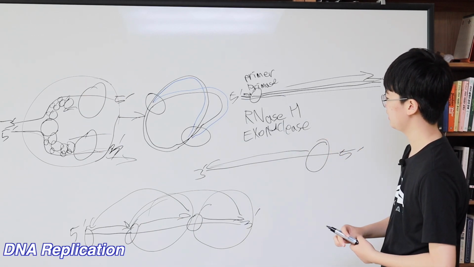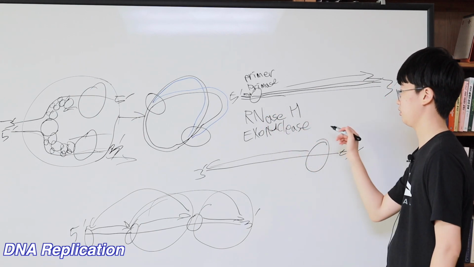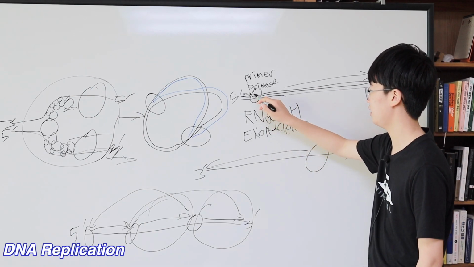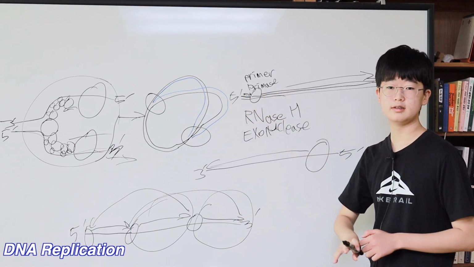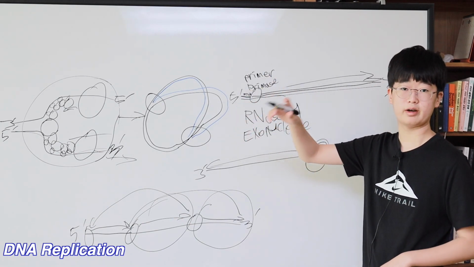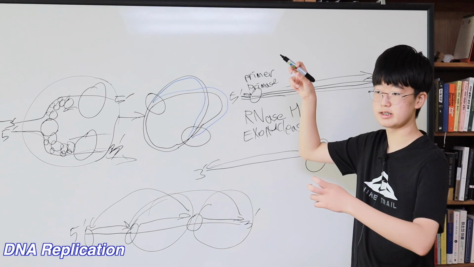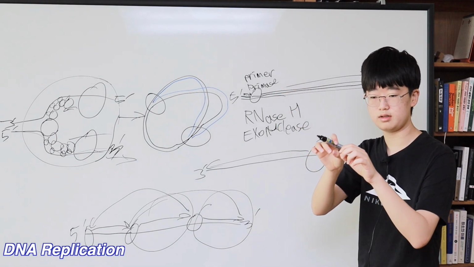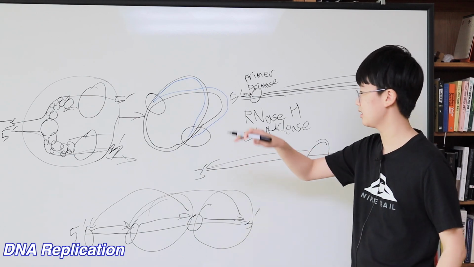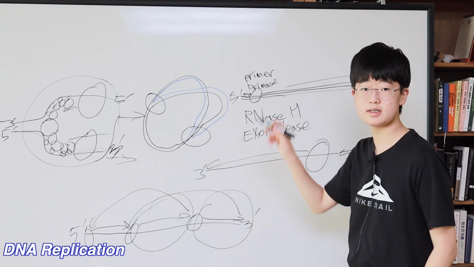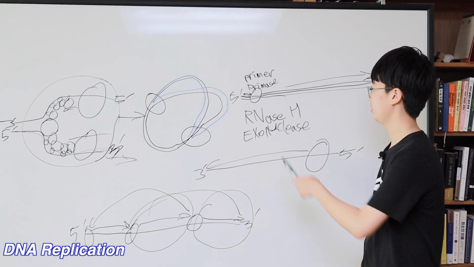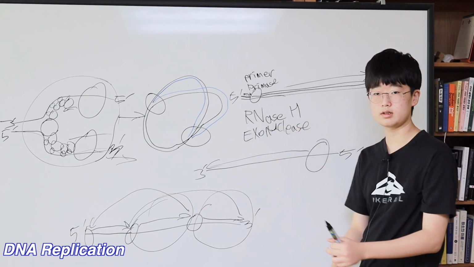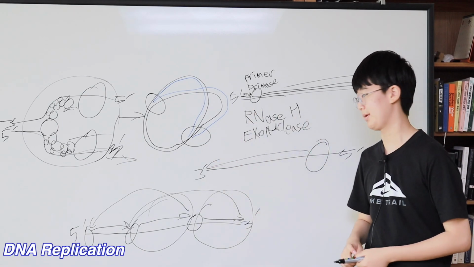So the RNase H and exonuclease cut off the RNA primer, and then DNA is made right after that in the empty space, and that's how complete DNA is made.